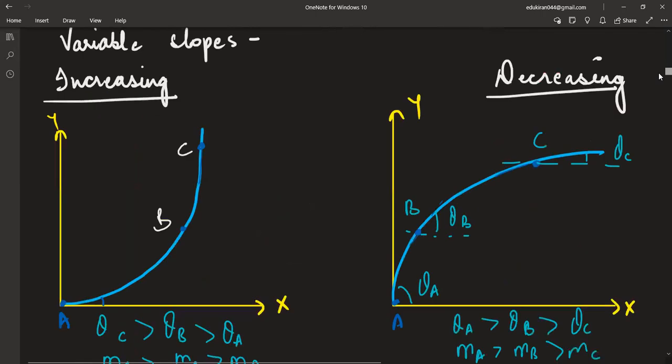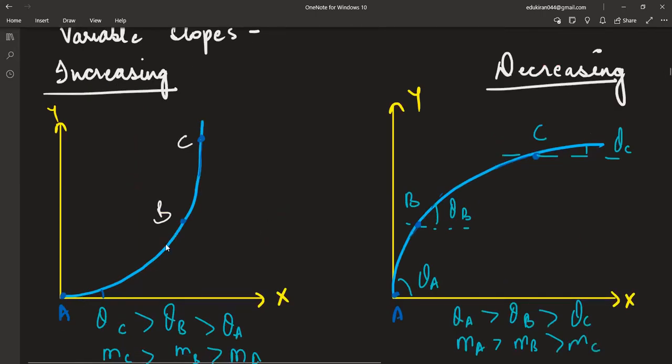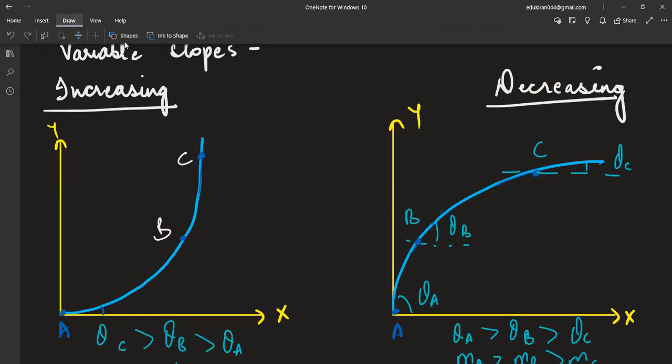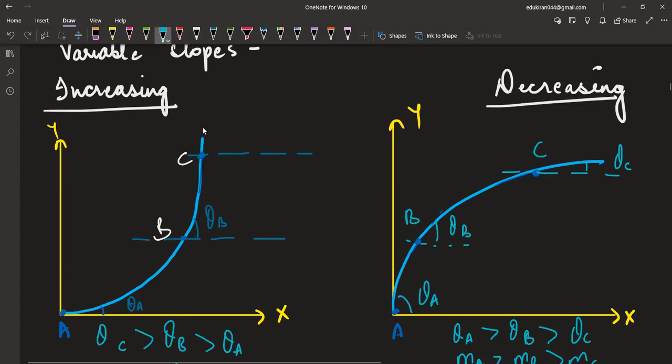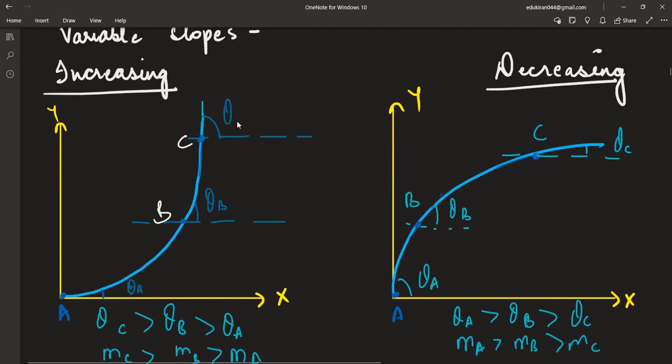Now regarding a variable slope, look here, this is an increasing slope. How to identify that this is an increasing slope? Again, let's say this point is theta A. Now take point B, make a line parallel to the x-axis, take theta B. Again, this is point C. Make this angle theta C. Can you see angle A is so small, angle B is greater, and angle C is the greatest?